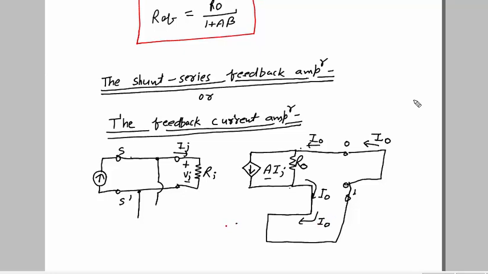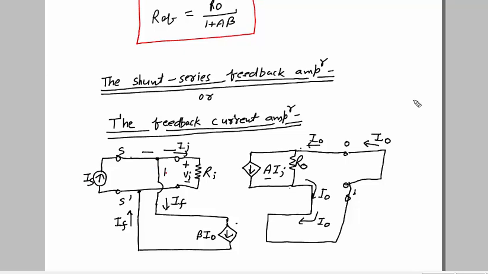Then we have a current source βI0, where β is the feedback factor, and this is connected to the feedback input side. This current is the feedback current IF. If you look from here, II equals IS minus IF, so it's a negative feedback.